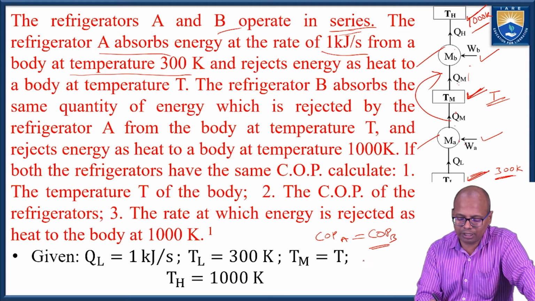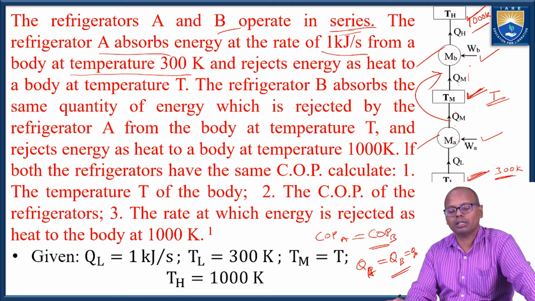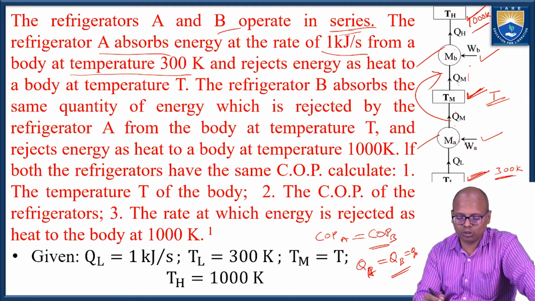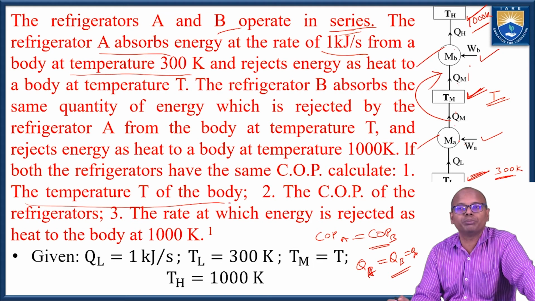And what else is given? The amount of heat rejected by A is equal to the amount of heat taken by B, and that we have taken as QM. So that is one condition. Two conditions they have given, and they are asking for the temperature of the body between the machines.